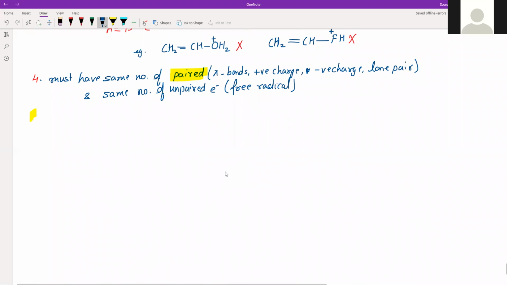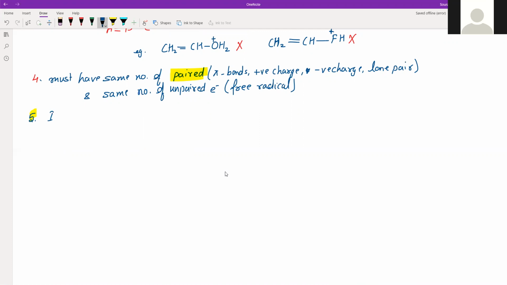Next is the fifth point. That is, if any conjugate position has more than one pi bond, then only one pi bond takes part in conjugation.